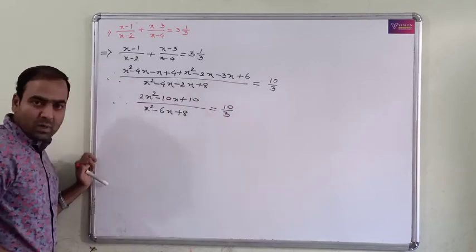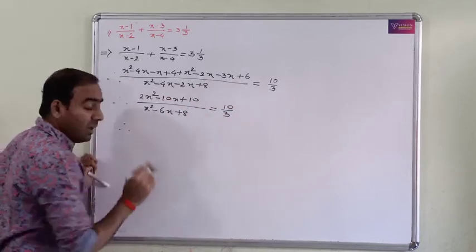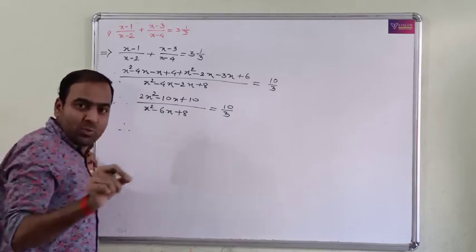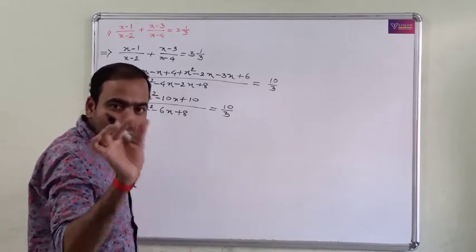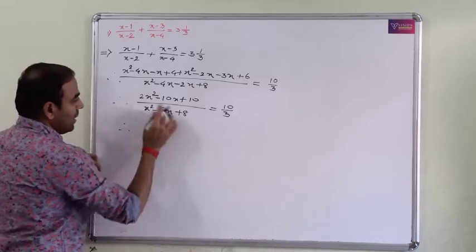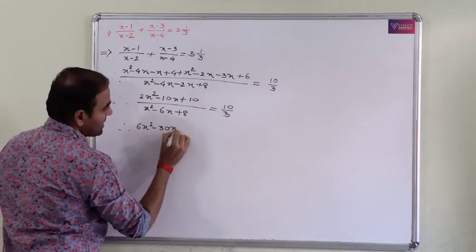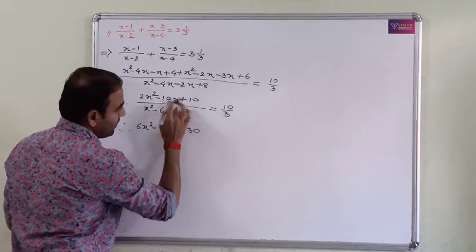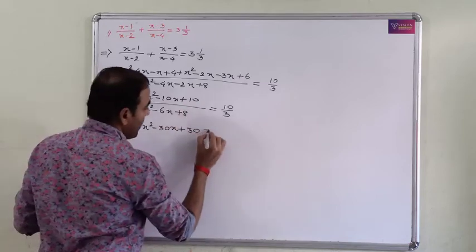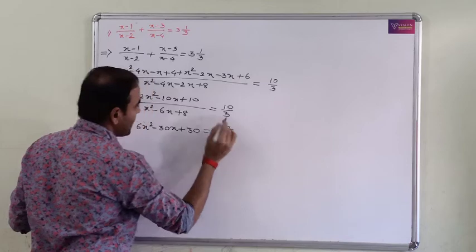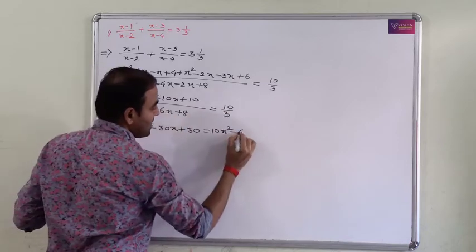Now we will cross multiply again because we need the form ax square plus bx plus c is equal to 0. So 3 times the left side is 6x square minus 30x plus 30, and on this side 10 into x square is 10x square minus 60x.